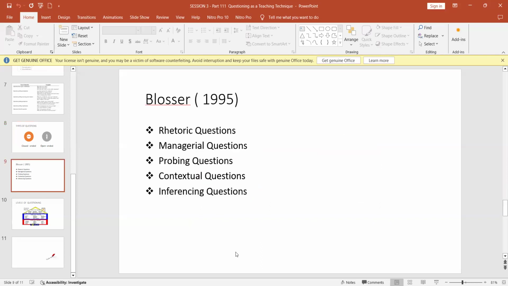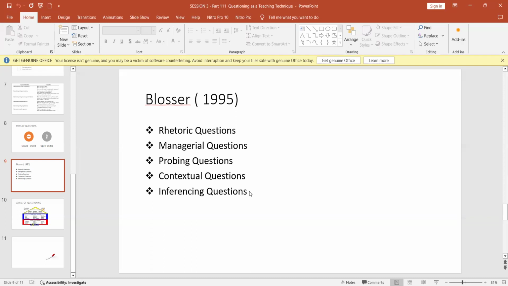But there is another classification by Blosser 1995. Blosser identified different types of questions that the teachers can ask in the classroom. How many types does he talk about? 5 types. Rhetoric questions, managerial questions, probing questions, contextual questions, and inferencing questions.